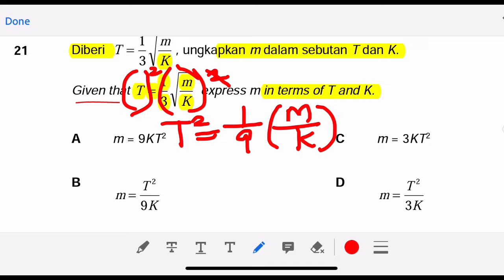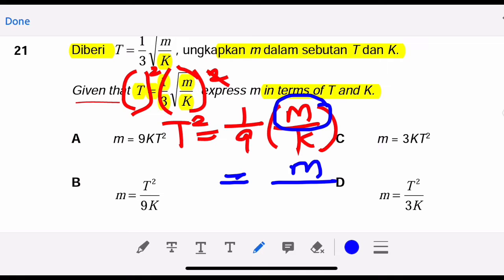Okay? So our main concern is to get the m out of the equation. We can let the m be at the right or at the left, 1m alone. Since m is already at the right, we can write it at this side.